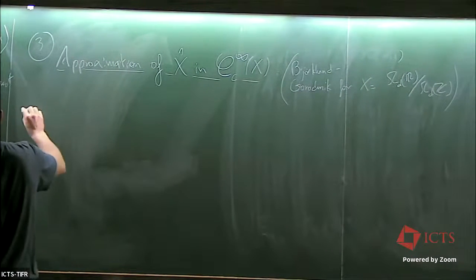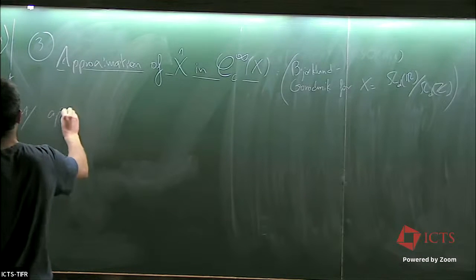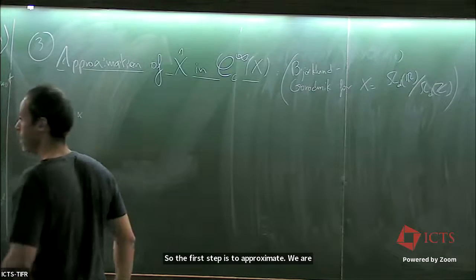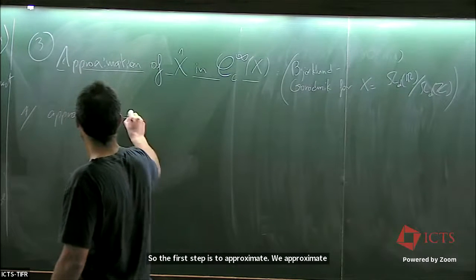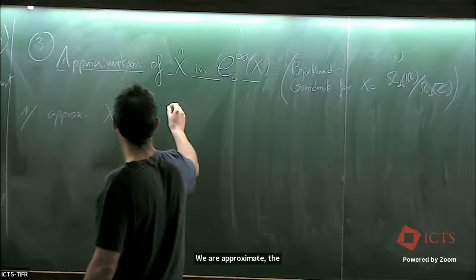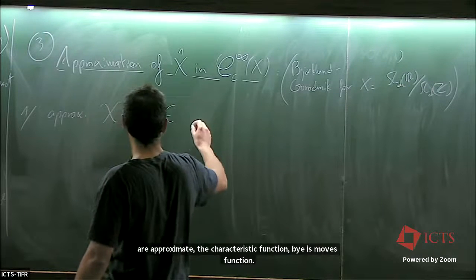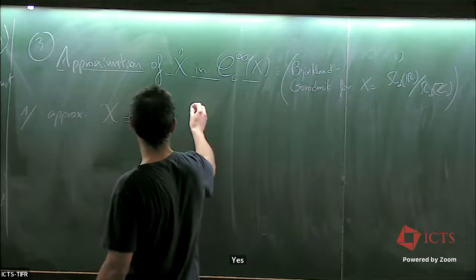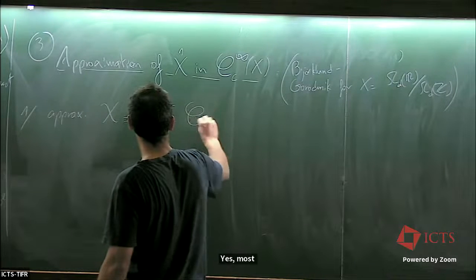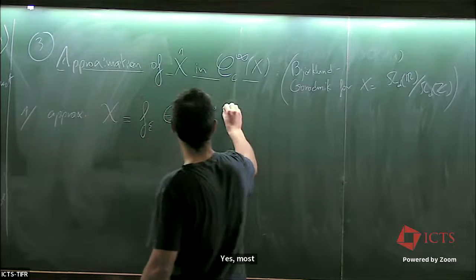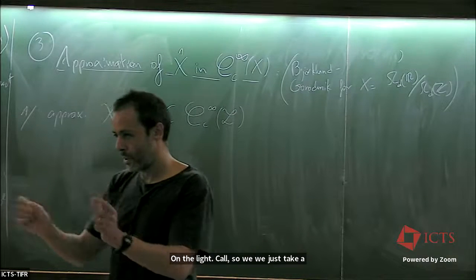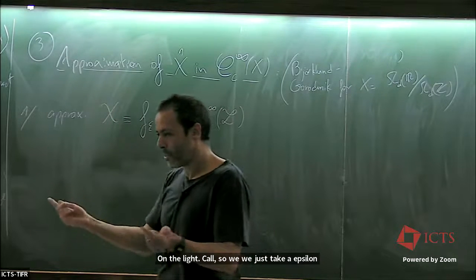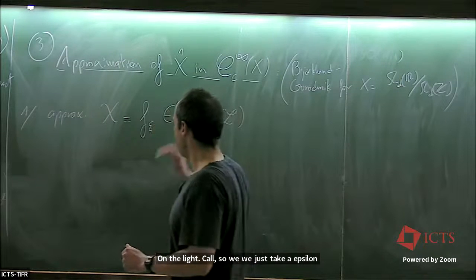So the first step is to approximate the characteristic function by a smooth compactly supported function on the light cone. We just take an epsilon neighborhood of the support of the characteristic function of our set of interest, and it's smooth enough.